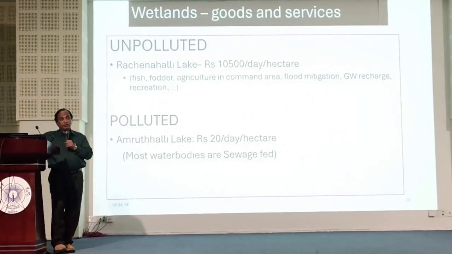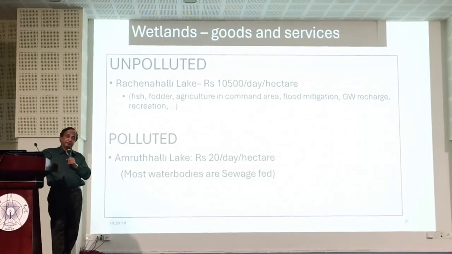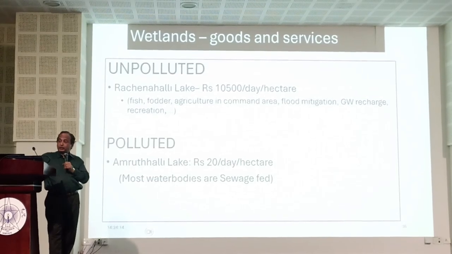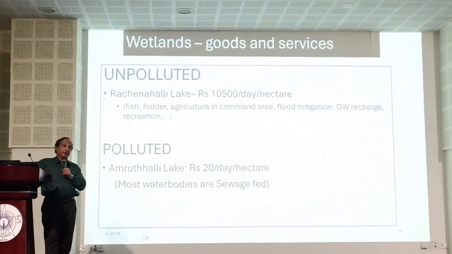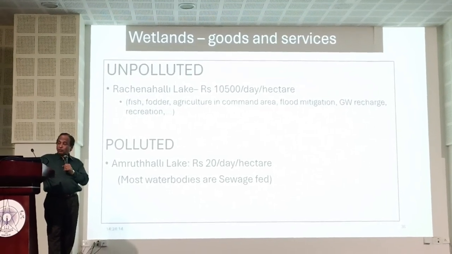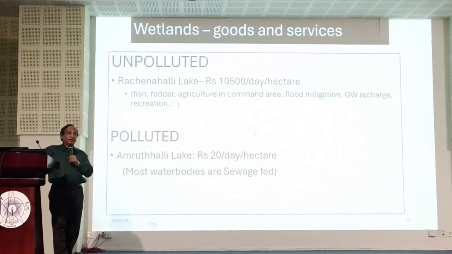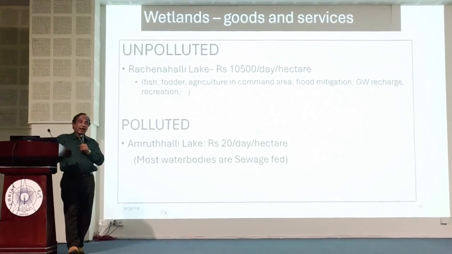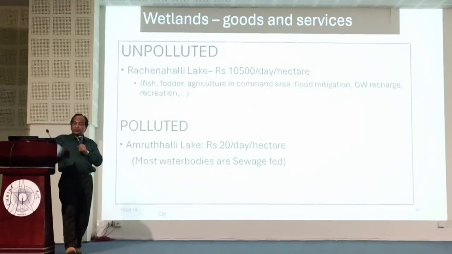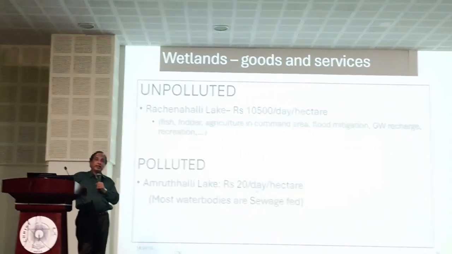Now, let us look at the worth of the lake. When the lake is not polluted, we get goods worth 10,500 rupees per day per hectare in the form of fish, fodder, etc. When we pollute the lake with the sustained inflow of sewage and untreated industrial effluent, the worth of the lake comes down to 20 rupees per day per hectare.